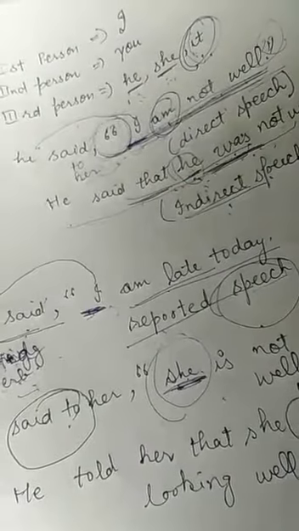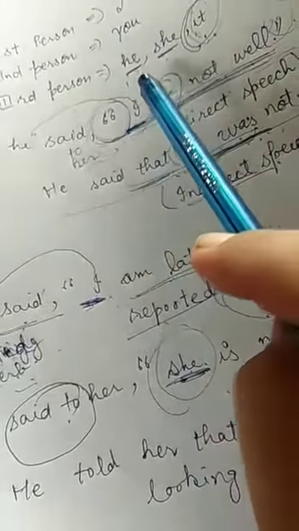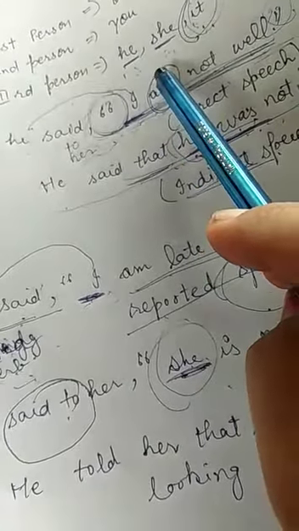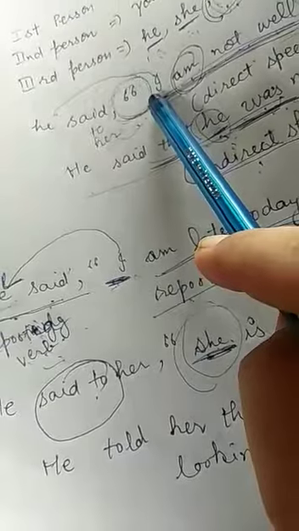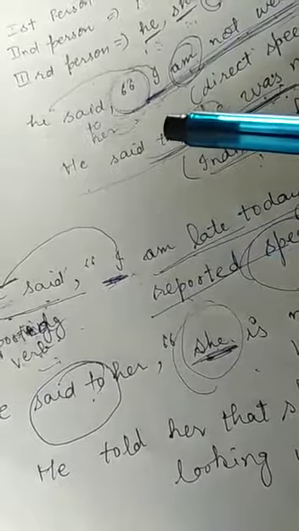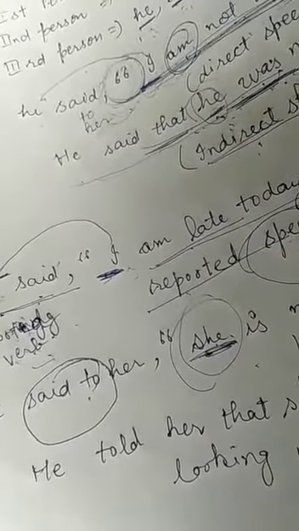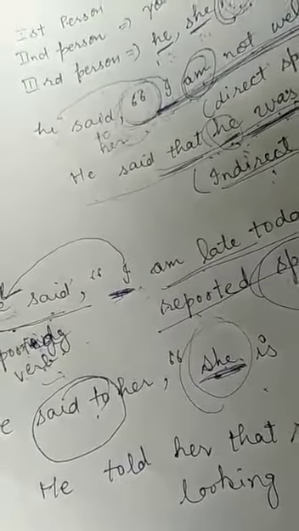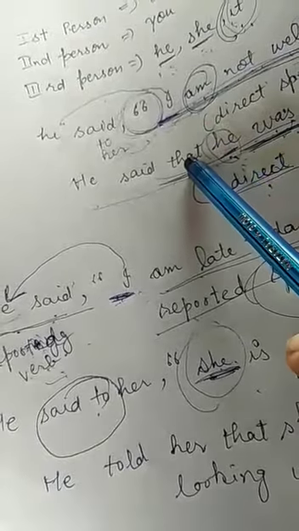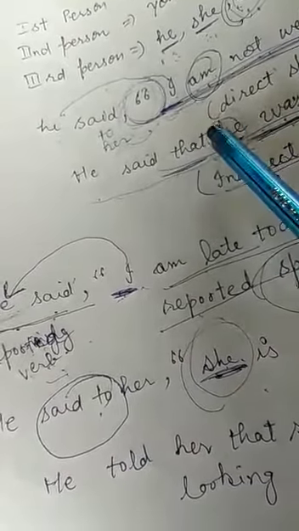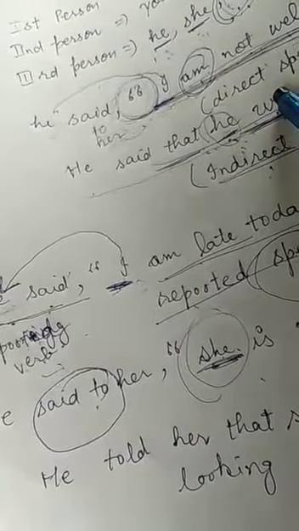So, in our daily life, we make a lot of utterances, a lot of sentences to tell what the person said to me. So, if I'm the speaker, for example, I'm telling you something about the person, he may be a male, he may be a female, or it may be some commodity about which I'm talking. And I'm telling you what that person said to me.